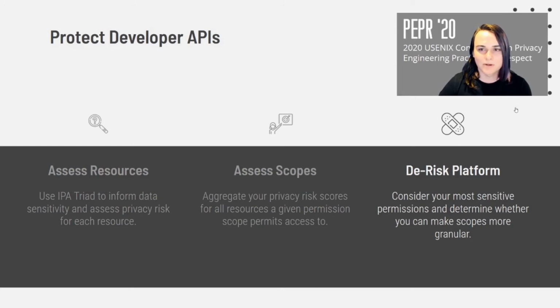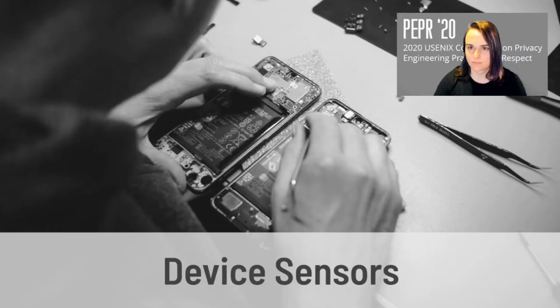And what's really important is even if you can't meaningfully change your permission structure, what you should really stress to do is to make sure that you're communicating the sensitivity of permissions to your users when they are granting other parties access to them. Because a lot of times users just click, yeah, sure, I'll allow it. I want the thing to happen. And they don't really understand what data access they're providing.